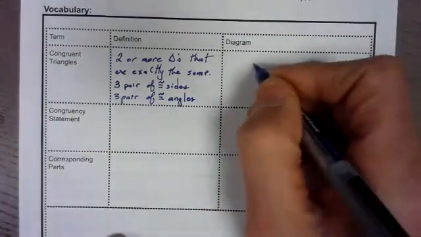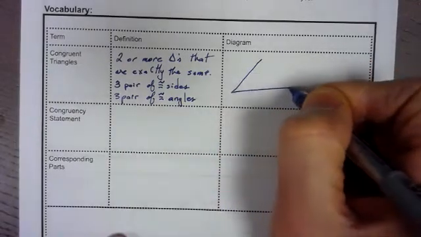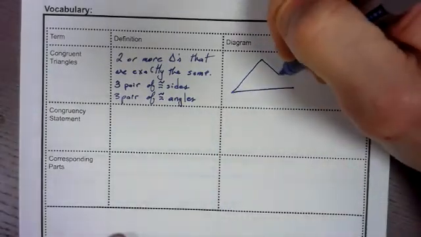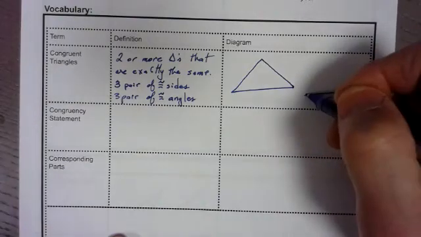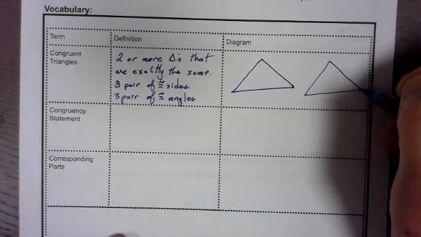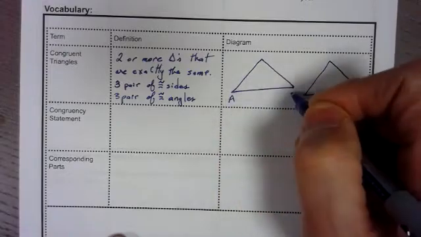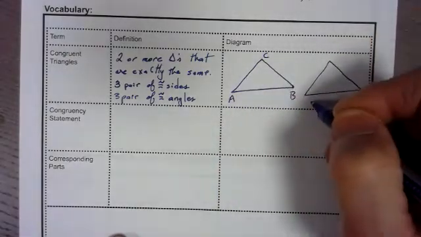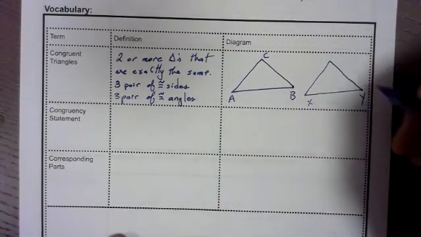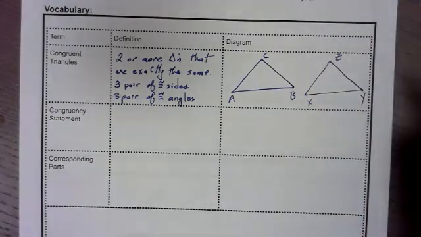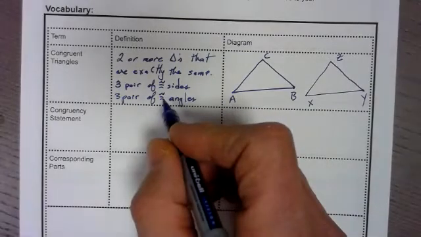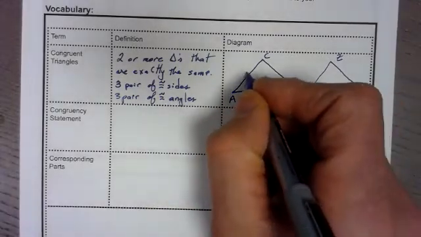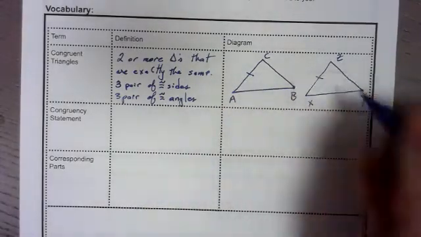Now for our diagram, we're going to draw two triangles that are going to look the same as each other. I'm going to label this one ABC and this one XYZ. So we have three pair of congruent sides, which means that this side here is going to be congruent to this side here.